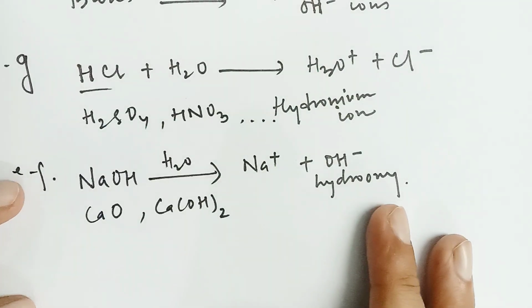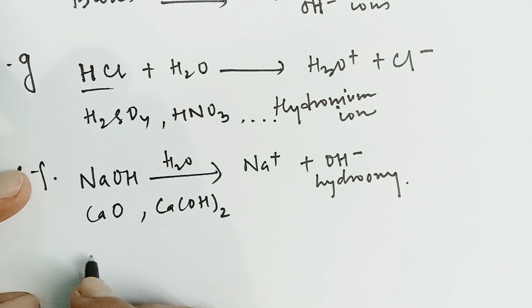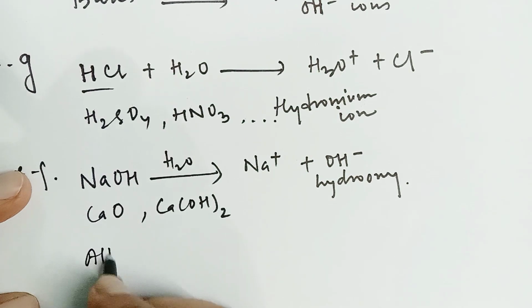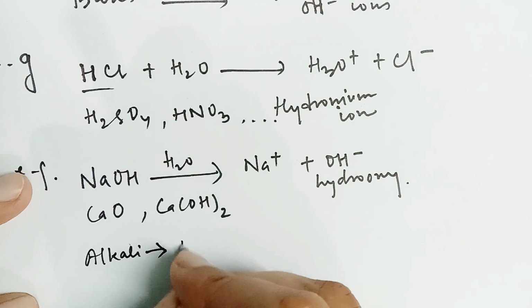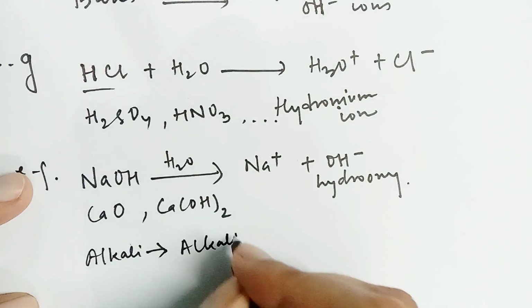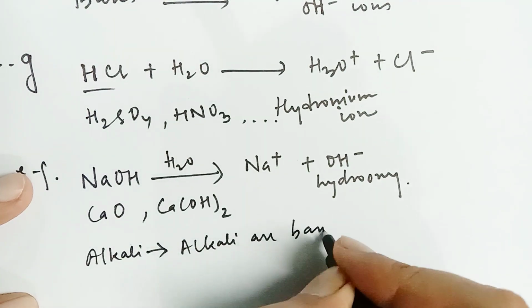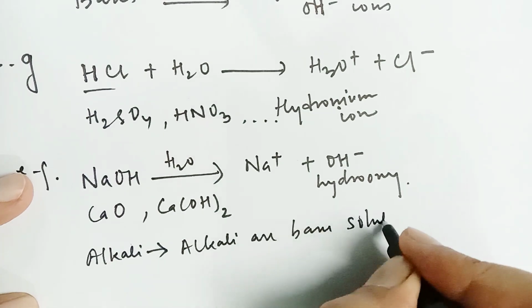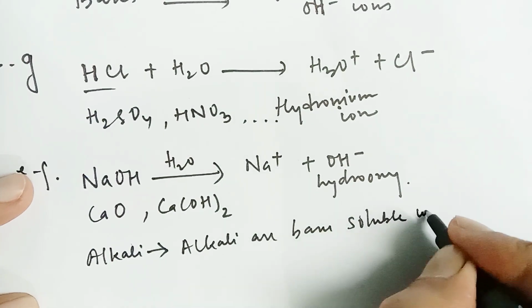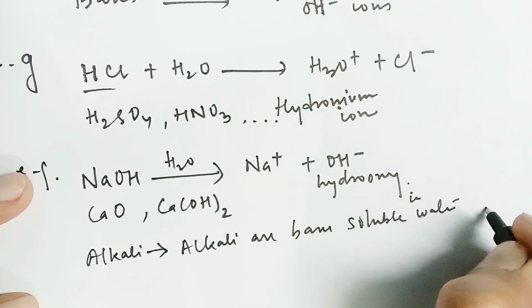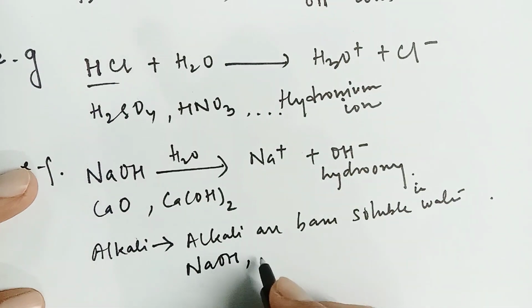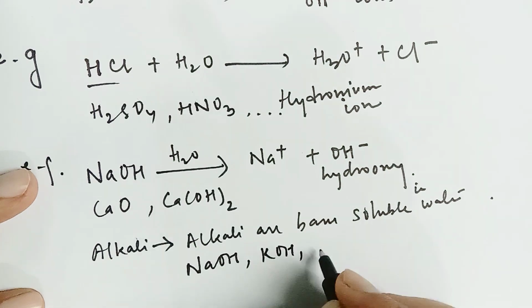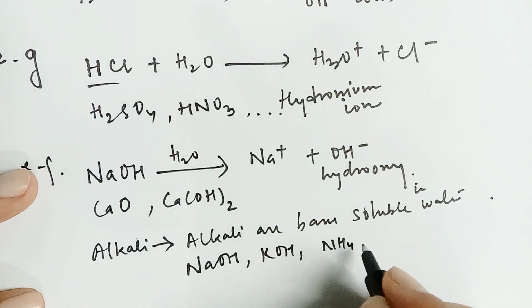Those bases are termed as alkali. This can come in the exam. Alkalis are bases which are soluble in water. For example, sodium hydroxide, potassium hydroxide, ammonium hydroxide.